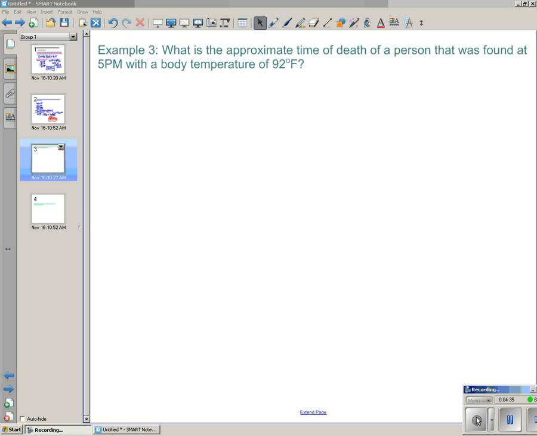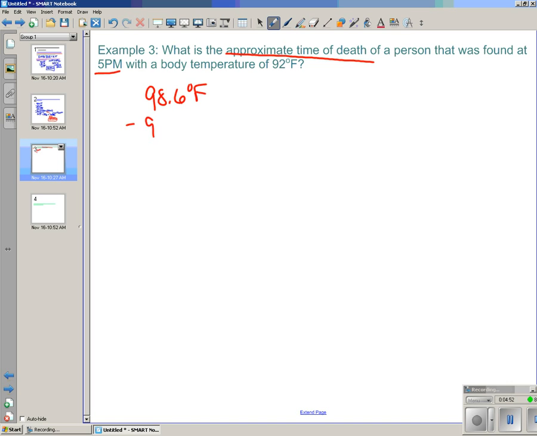If we look at the next example, I want you to notice that I'm asking you to find the approximate time of death here, because I give you the time. So this person had a temperature of 92 degrees Fahrenheit, so 98.6 degrees minus 92 degrees Fahrenheit gives us 6.6 degrees Fahrenheit.